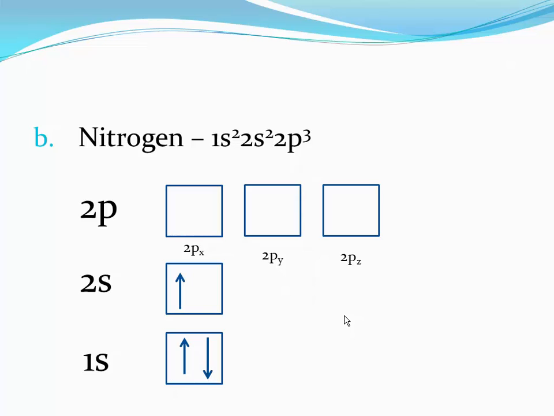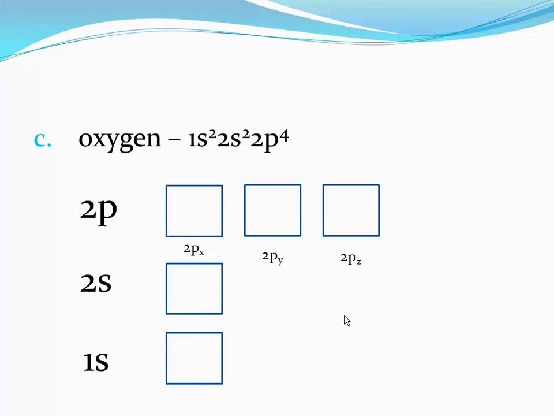For nitrogen, you have the 1s up and down, the 2s opposite spins, then you have 1 in the 2px, 1 in the 2py, and then 1 in the 2pz. So it's all filled up with the positive spin. Now for oxygen, you have the 1s, 2s filled up.